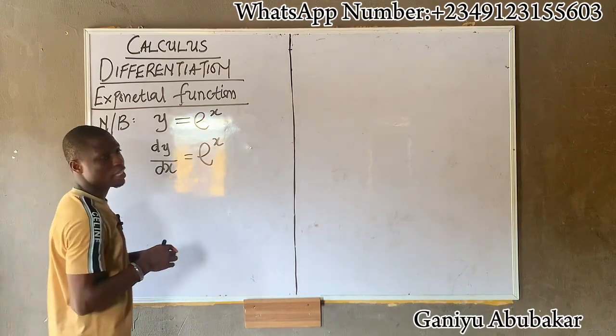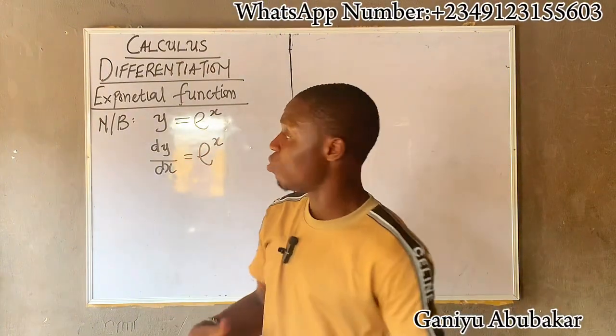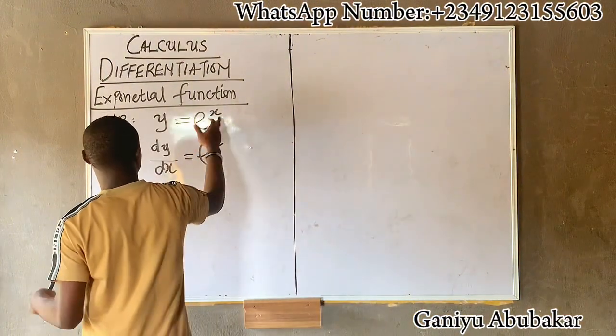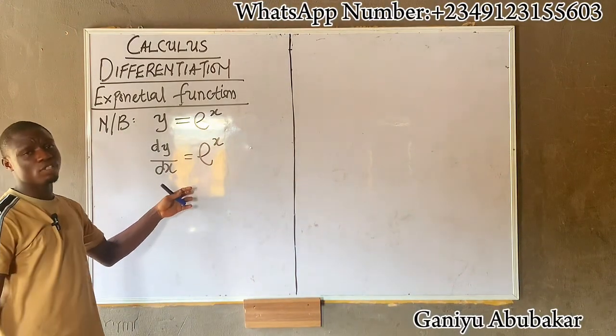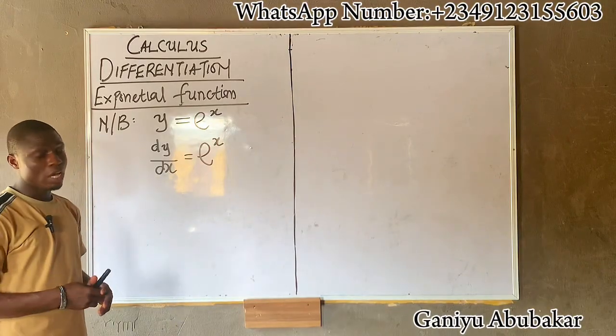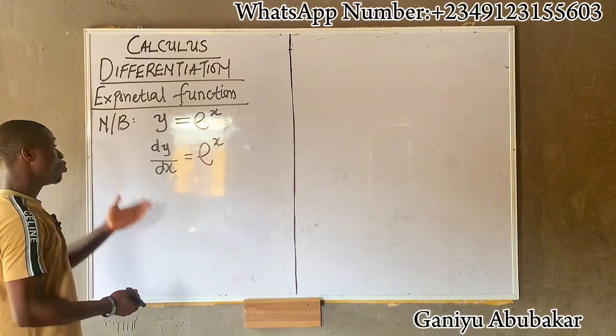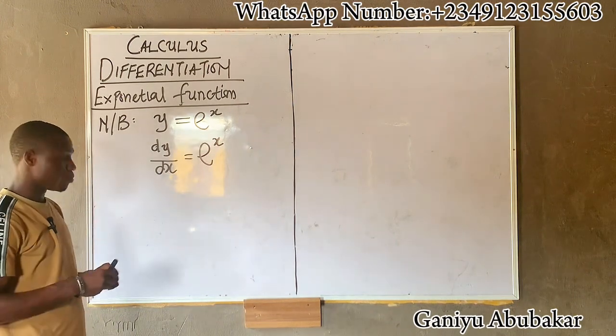So if I differentiate the exponential function, I'll still have that exponential back. I can actually prove this using the series expression method, but to save our time, I will not prove it. But note that if I differentiate exponential x, I'll have exponential x.